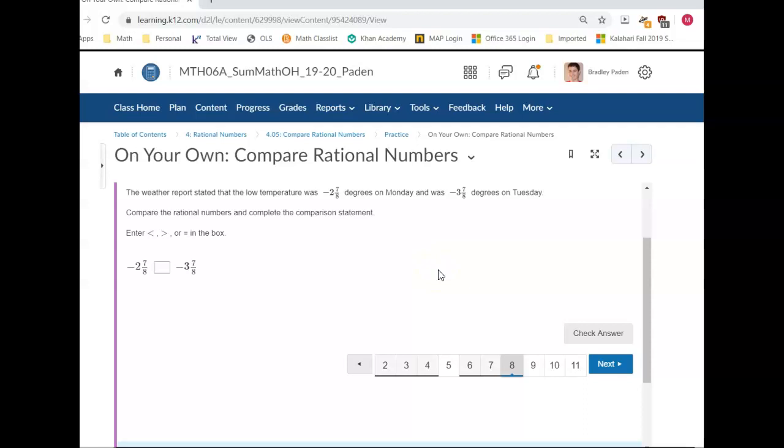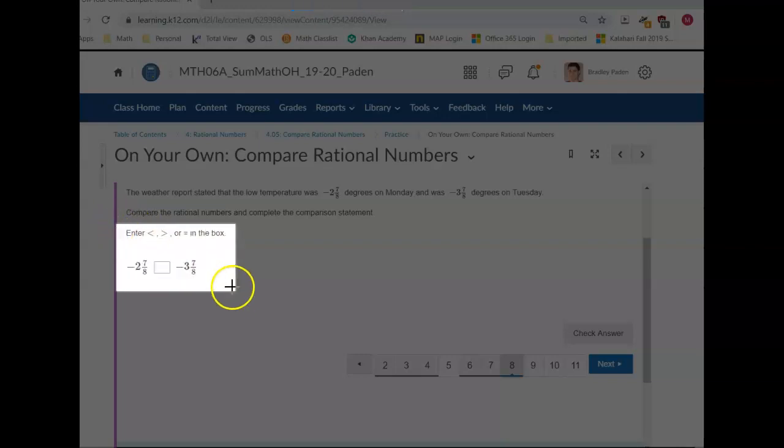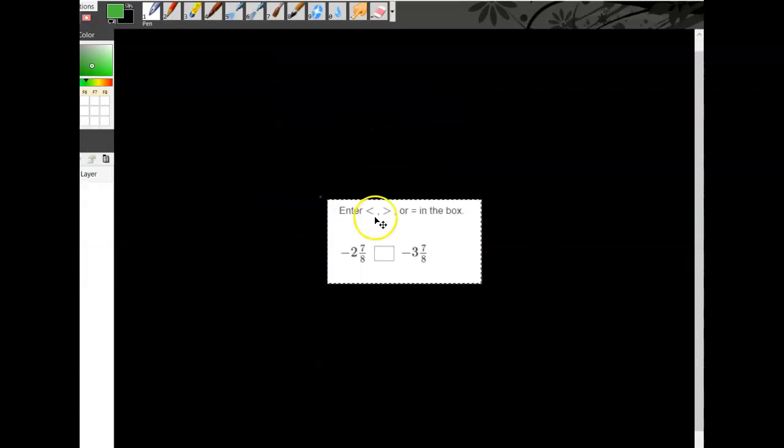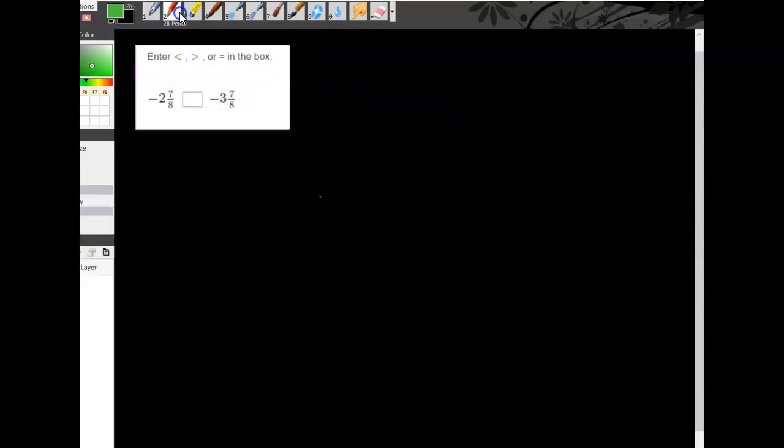This one's very similar to the last one we did. Let's just narrow it down to the inequality statement here. And look, the denominators are the same. Negative 2 and 7/8, and then negative 3 and 7/8. But negative 3, I could see here, that's going to be smaller than negative 2. We're not even in between the same two integers here.